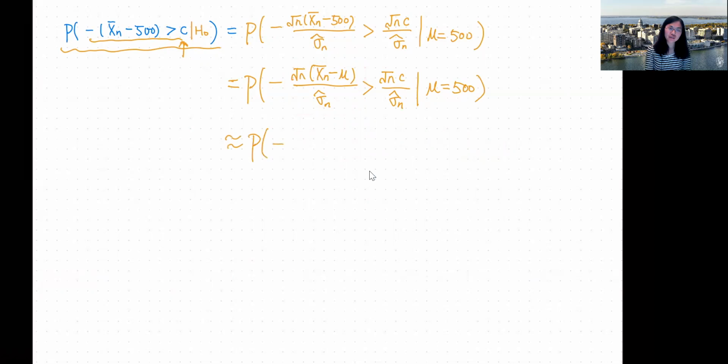minus the normal random variable. Standard normal minus standard normal is still standard normal, so we can ignore that minus sign. It's because the distribution of a standard normal random variable is symmetric. So that's a standard normal greater than root n c divided by sigma n hat.